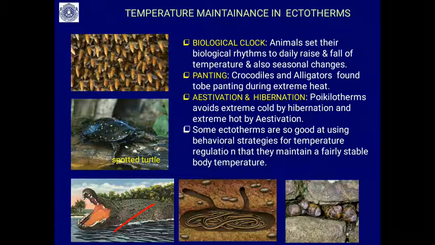Some ectotherms are so good at using behavioral strategies for temperature regulation that they maintain a fairly stable body temperature. You will be able to see here the fanning of the honeybee. Here you will find the spotted turtle during summer. This is estivation, this is panting, this is hibernation, and also in the case of snails, they avoid extreme temperature by hibernating or estivating.